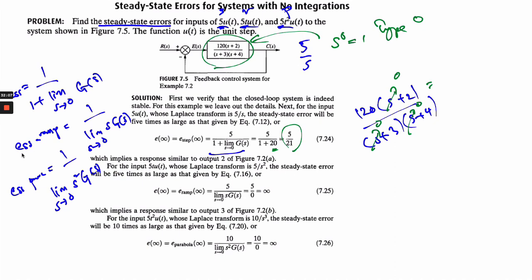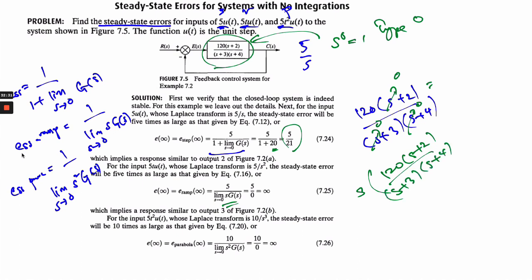The same goes for the ramp input. For the ramp input, we use this equation: limit s approaching 0 of sG(s), where G is 120 (s plus 2) over (s plus 3)(s plus 4).